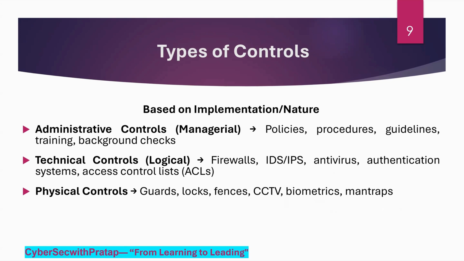Then technical controls. These are technical in nature, like firewall, IDS, IPS, antivirus, authentication systems, access control lists (ACLs). Simple. Administrative controls are direction, warnings, and all policies and procedures, like training, background checks. All these come under administrative control.